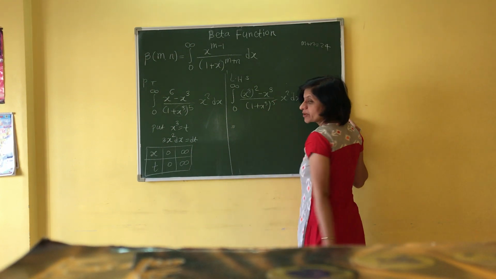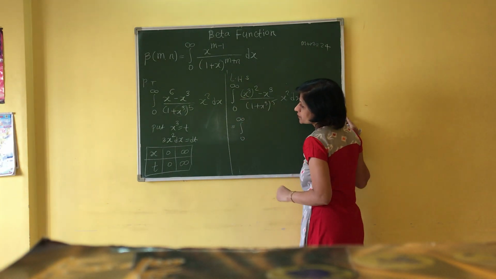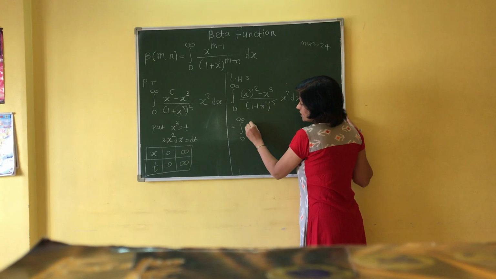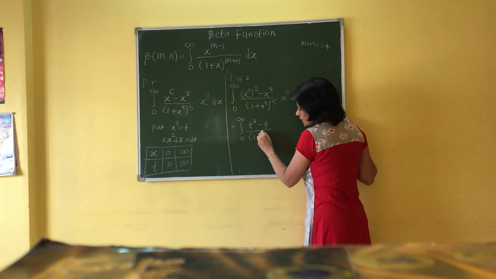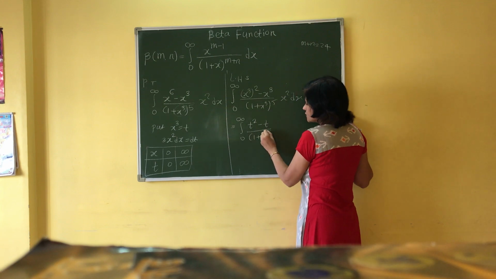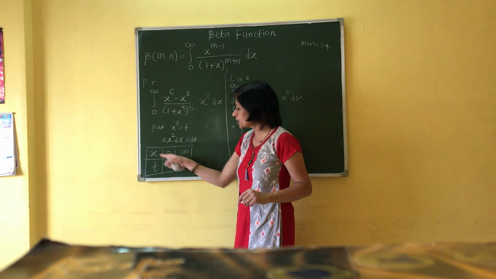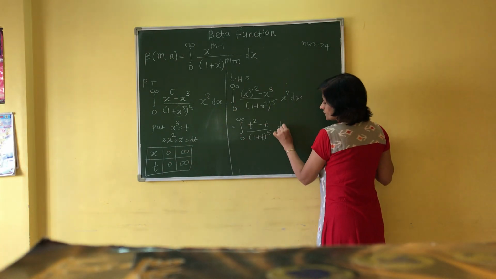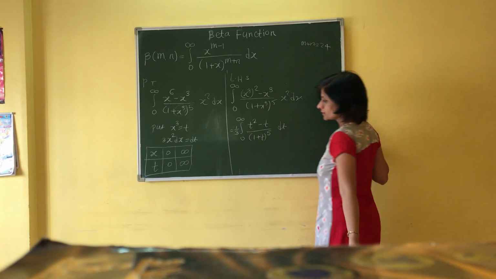Therefore, integrating with respect to t, new limits are 0 to infinity. The value of x cube is t, that is t square minus t upon 1 plus t raised to 5 into x square dx. The value of x square dx is dt upon 3. 1 by 3 is constant.